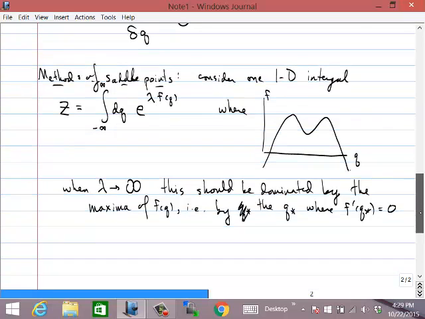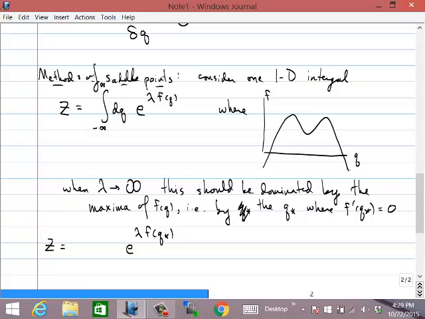And what is this function z in the limit where lambda becomes very large? Well, you'll get a contribution from one of those maxima, which goes like e to the lambda times f evaluated at the maximum.